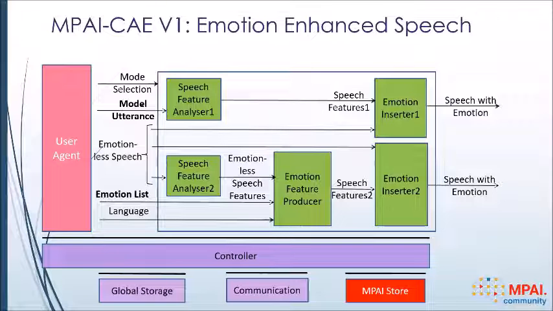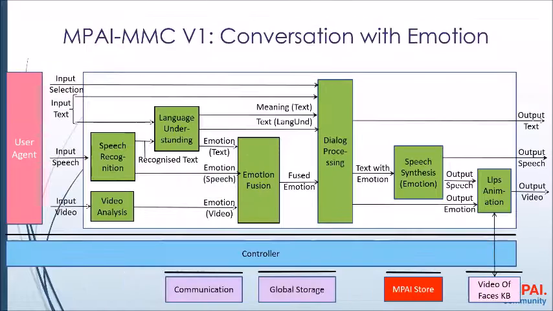Or how can you start from an emotional speech segment and say, I want to add anger? Of course, you have to have semantics of anger. And so this is an example of how this can be implemented with the version 1 of our standards.